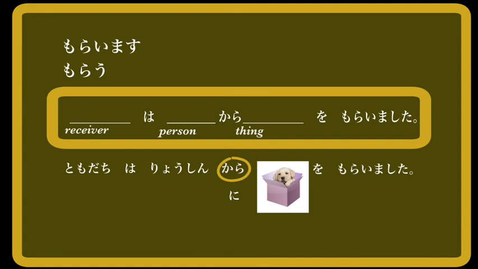So you can use the ni to replace kara from the person giving the gift. Tomodachi wa, my friend received it. Ryōshin kara, from her parents. Ryōshin ni, from her parents. Inu o moraimashita. So watch out for the use of ni instead of kara, meaning from.